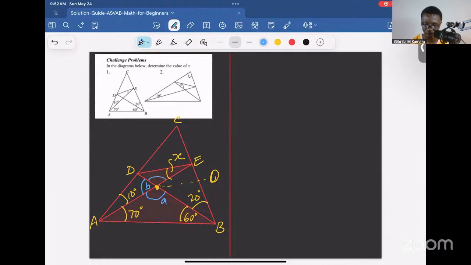This other angle, let's say that is C. Okay. What next do I need? You see this other angle here? Let's say this is E.